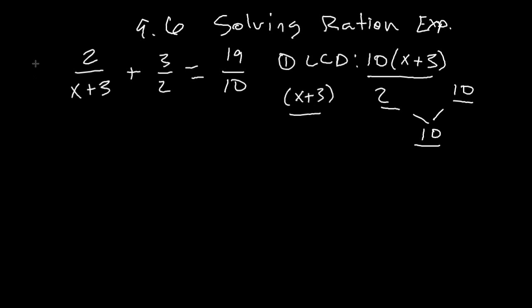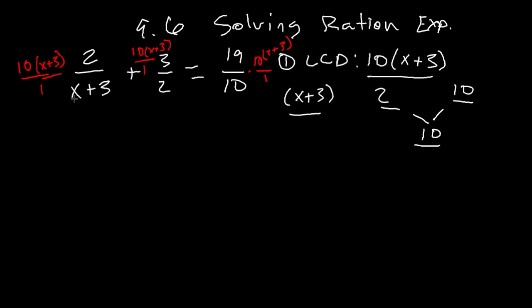Instead, we're going to multiply over here by 10 times x plus 3 over 1. And right here, we're also going to multiply by 10 times x plus 3 over 1. And here as well, times 10, x plus 3, over 1.